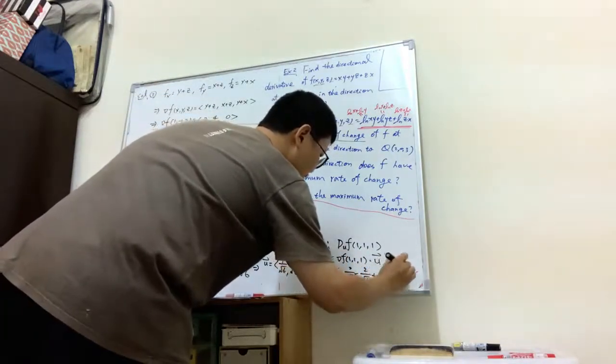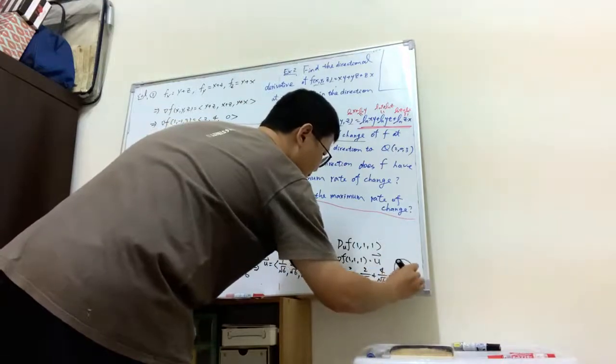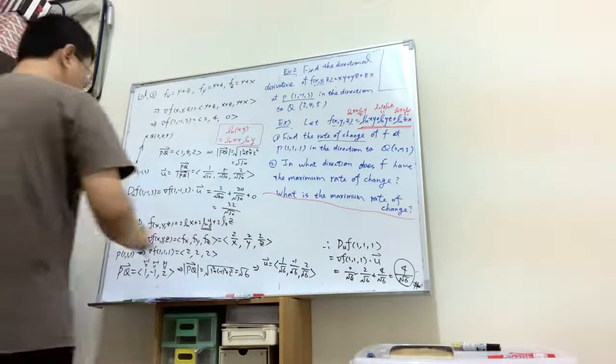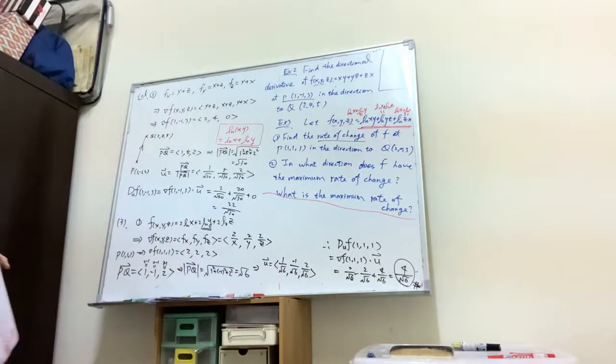So finally it's 4 over square root of 6. This one. Yeah, so that's the first sub-question.